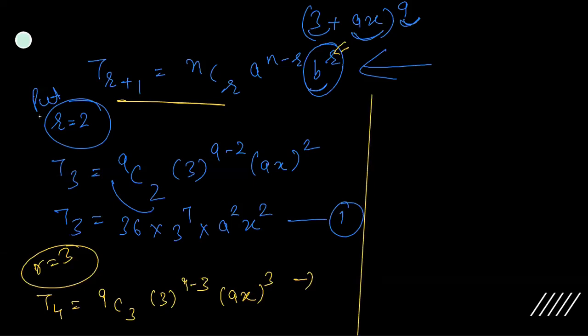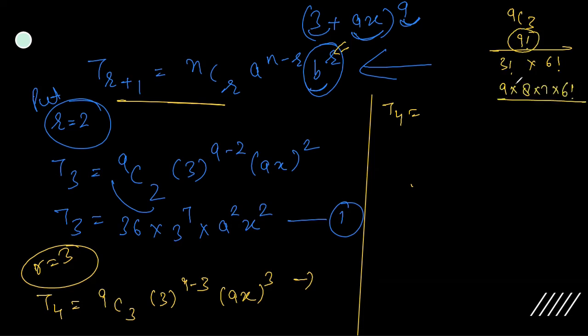So T4 equals 9C3. How do I open 9C3? That is 9 factorial divided by 3 factorial times (9 minus 3), which is 6 factorial. I open 9 factorial till 6 to cancel out the 6 factorial, so 9 times 8 times 7 times 6 factorial over 3 times 2 times 1 times 6 factorial.